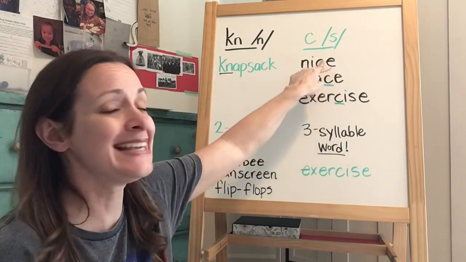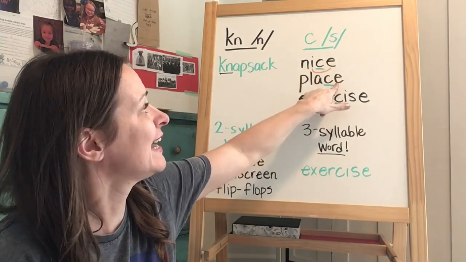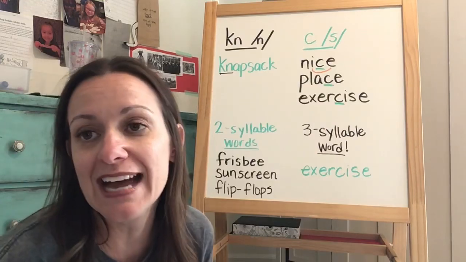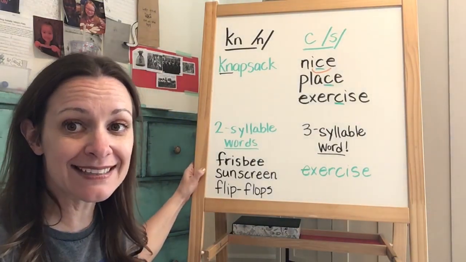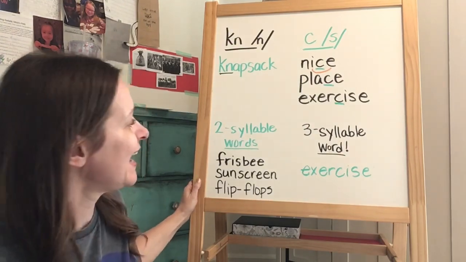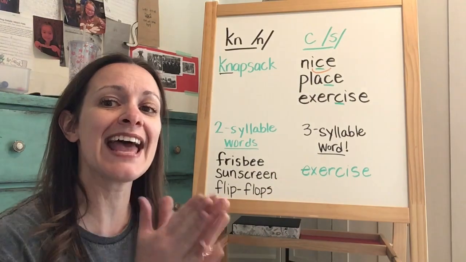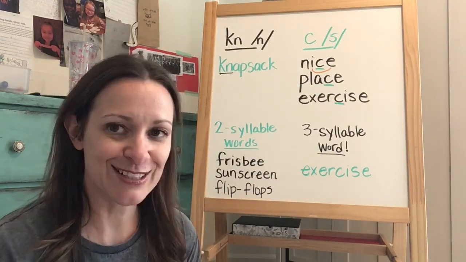Notice it's not the C-E making the sound, because that E in place and nice is magic. So the I and the E are working together to make the I say its name. We'll have some two-syllable words like frisbee, sunscreen, and flip-flops. And some three-syllable words even, like exercise. Three vowel sounds in that one, exercise.